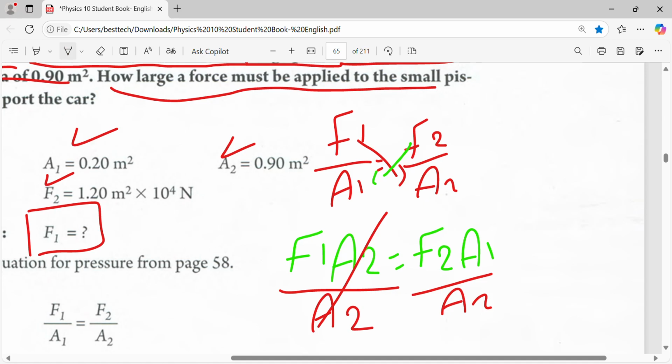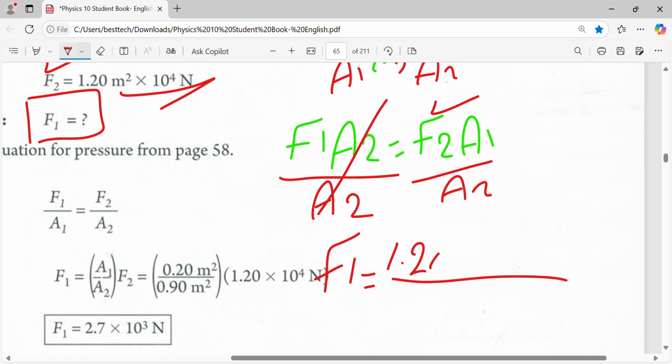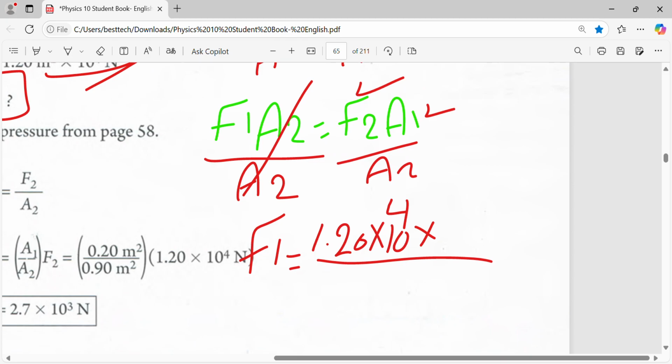Area 2 is cancelled and only F1 is left. F1 is equal to force 2, 1.20 times 10 to the power 4, times area 1, 0.20.